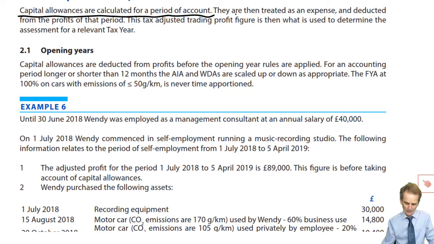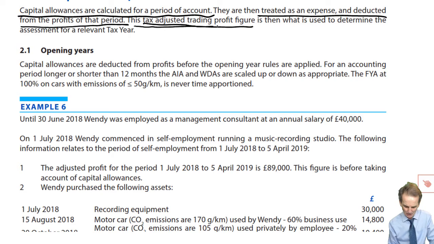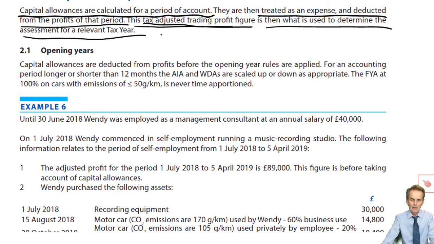Once we've got that figure, it'll be treated as an expense of the period and deducted from the profits of that period. And this tax-adjusted trading profit figure is then what we've been using to determine the assessment for a relevant tax year.